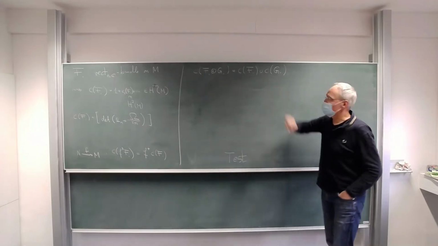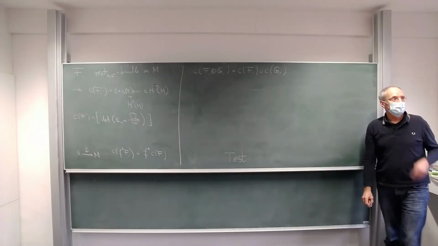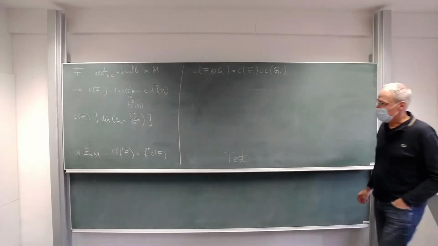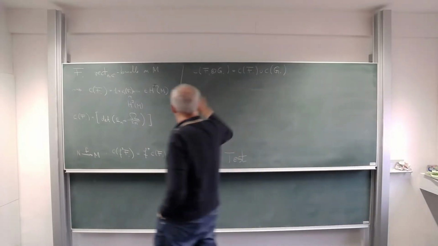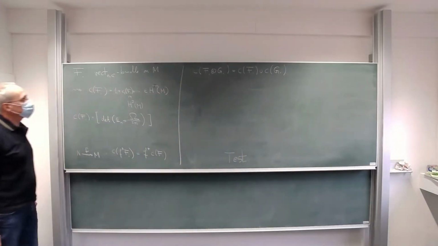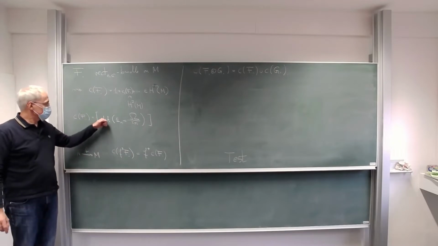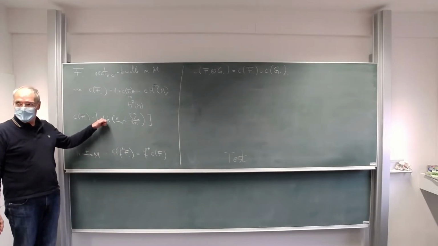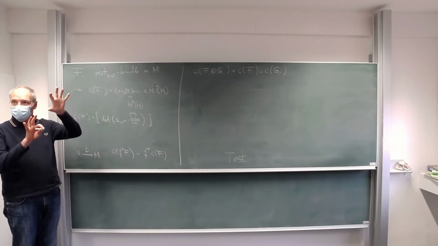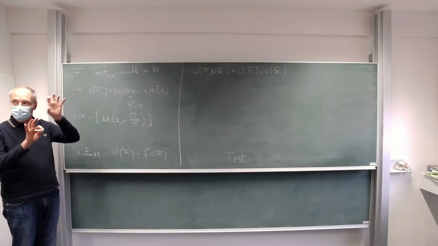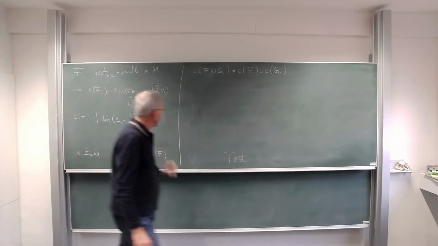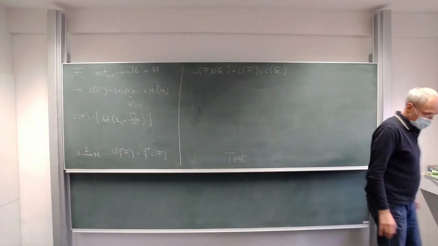So this is the cup product on cohomology, which is induced by the wedge product of differential forms. And this particular property comes from special properties of the determinant, namely that the determinant of a block diagonal matrix is the same as the product of the determinants.